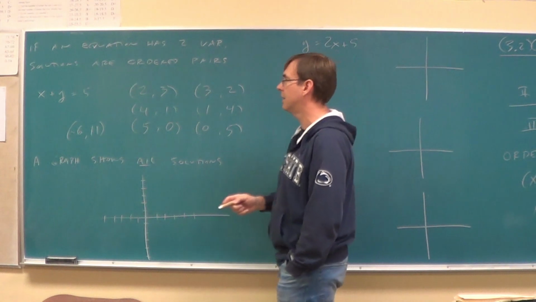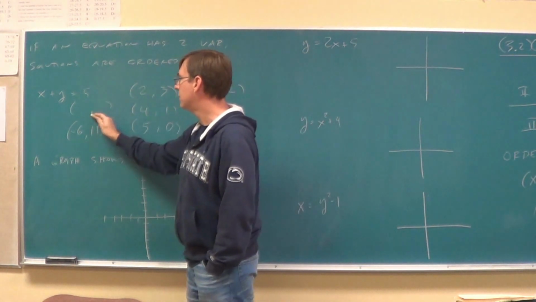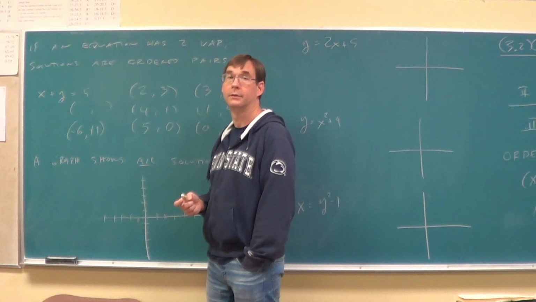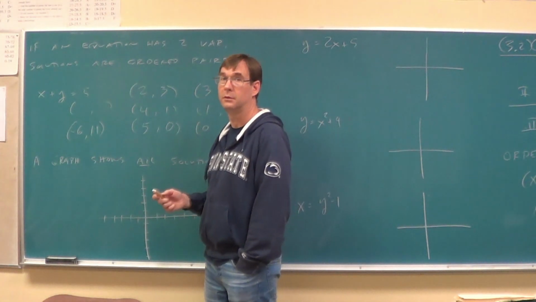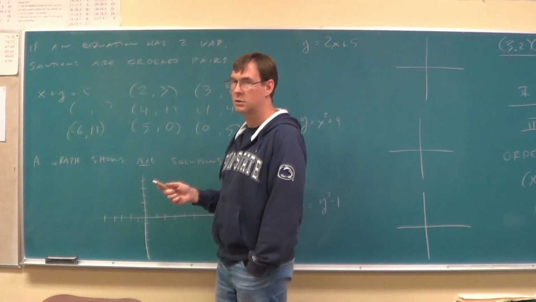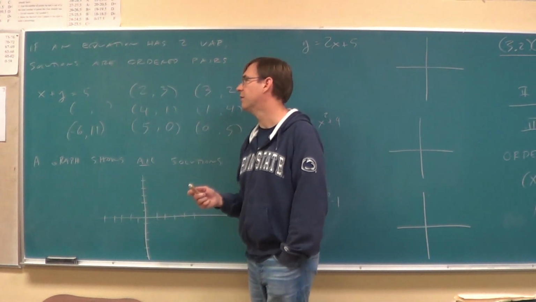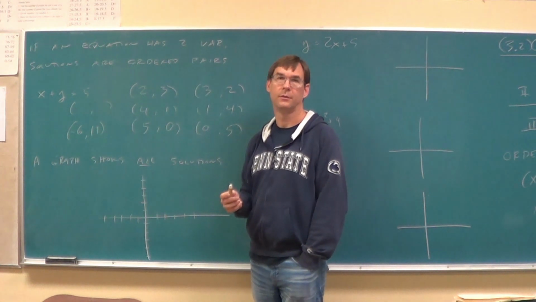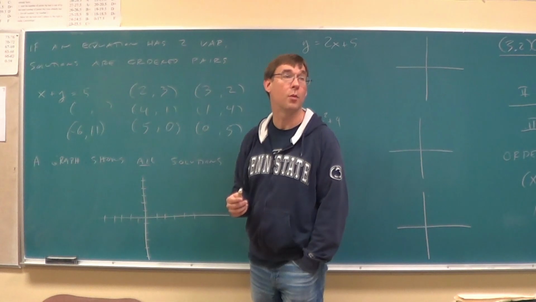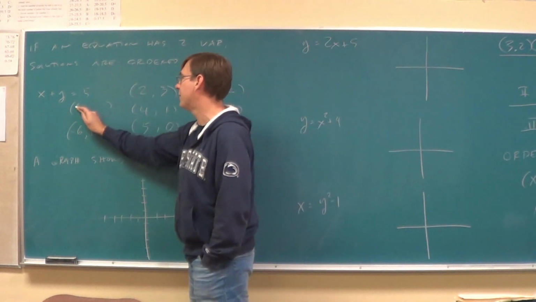So (negative 6, 11) would be a thing. Can anybody do one that has a fraction or decimal in it? Negative 5.5 plus 12.5. Let's do 2 positive decimals: 4.5 and 0.5, that works.